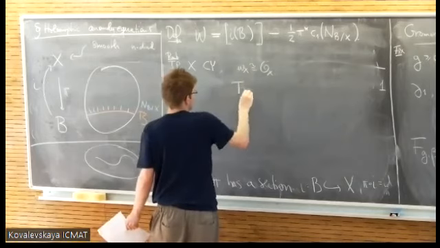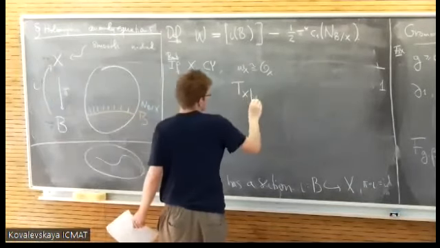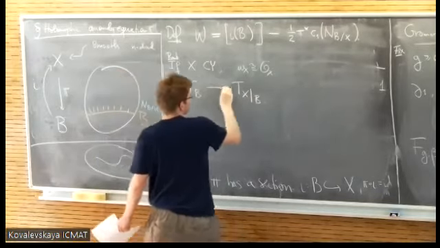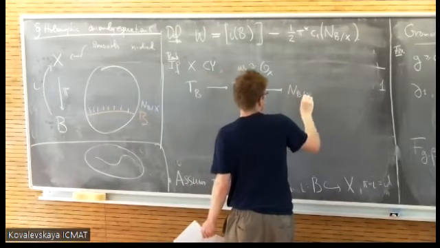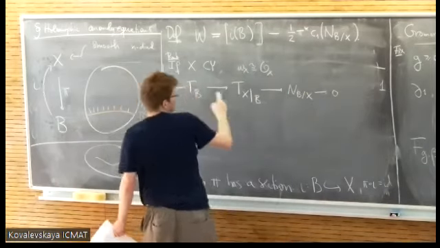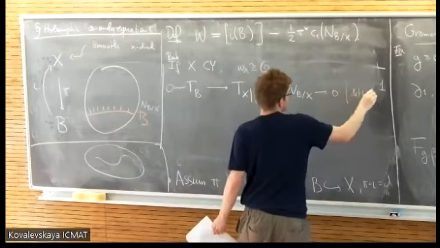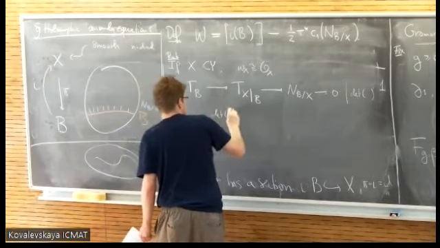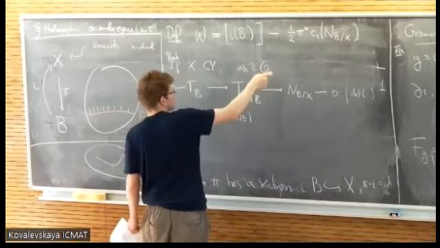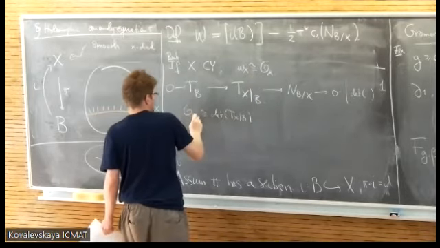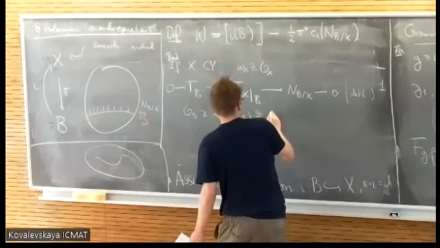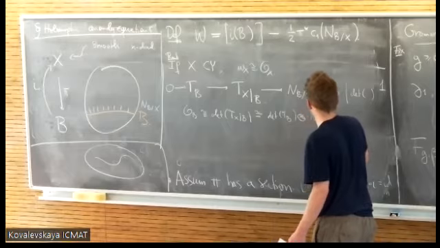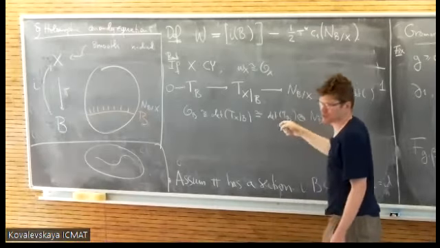If you restrict the tangent bundle of X to B, this also has trivial determinant, but then there's a sequence with the normal bundle of B in X. Taking the determinant of this sequence, the restriction of this trivial one is isomorphic to the determinant of TB times the normal bundle. Canceling the normal one, this is the dual of the canonical bundle.